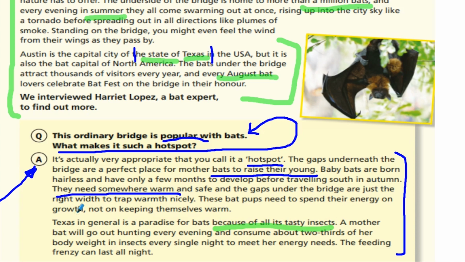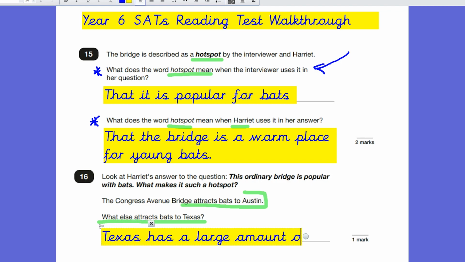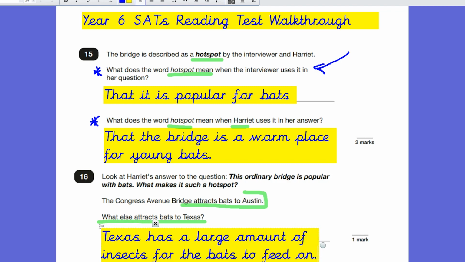They need lots of food, and it even says here that they'll consume about 2/3 of their body weight in insects every single night. So Texas, because it has lots of insects, that also attracts bats to the area. So back at the question, we can write down Texas has a large amount of insects for the bats to feed on. Okay, so that would be the answer to that question, and we would get a mark.